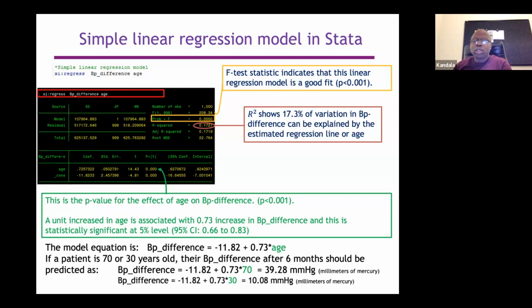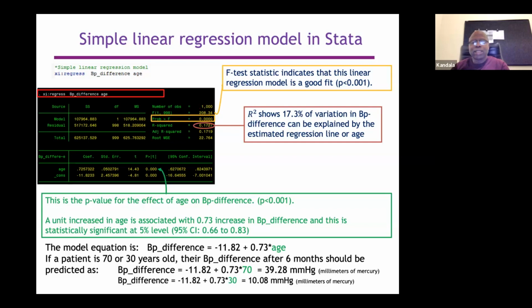In simple regression analysis, as you remember, we have only one independent variable, and that qualifies the situation as simple regression analysis. In practice, it would be naive for somebody to say that the difference we see in blood pressure can be explained only by age.